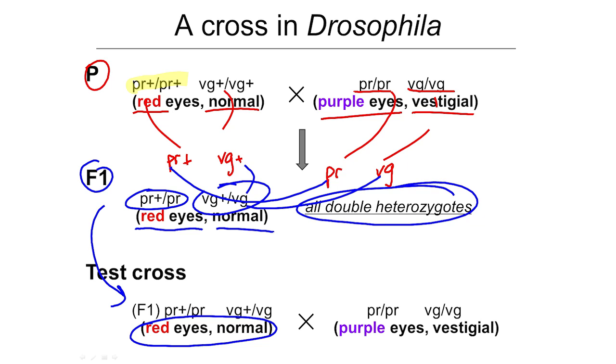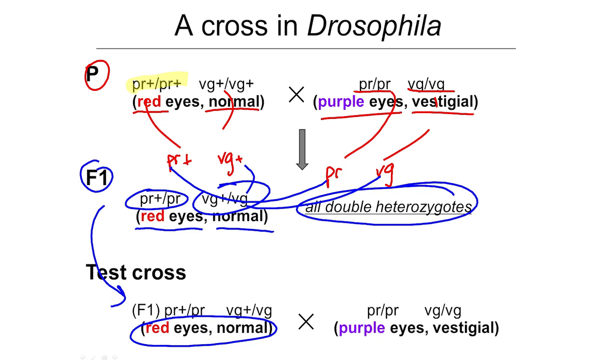Don't forget the definition of a test cross. Whether it's one locus or whether it's 2 or 10, you're crossing something that's heterozygous. Well, we framed it originally as crossing something exhibiting the dominant trait with something that's totally recessive so that you could figure out what that genotype was.